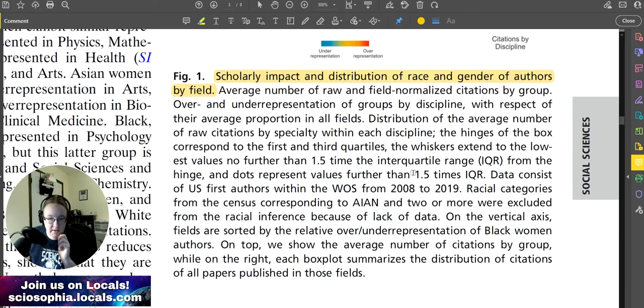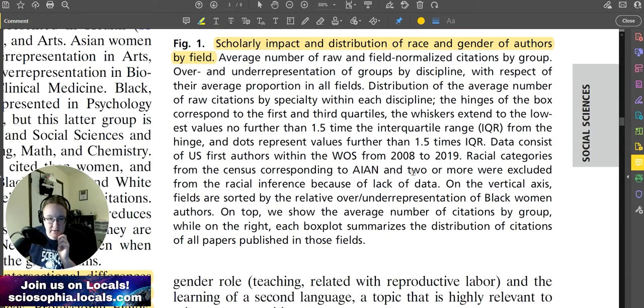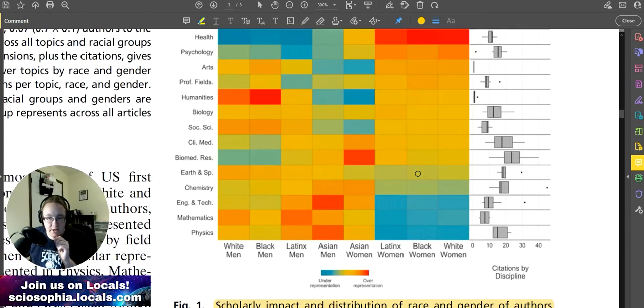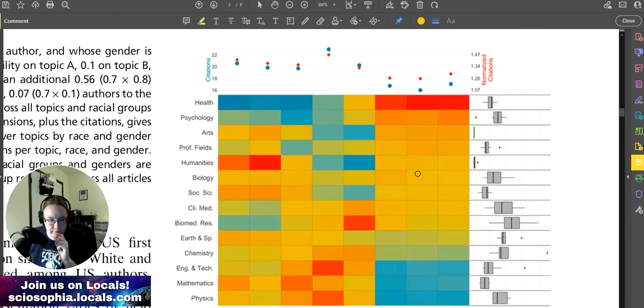And I'm guessing, and this is my guess in the way it's represented, this is based upon a number of things here.